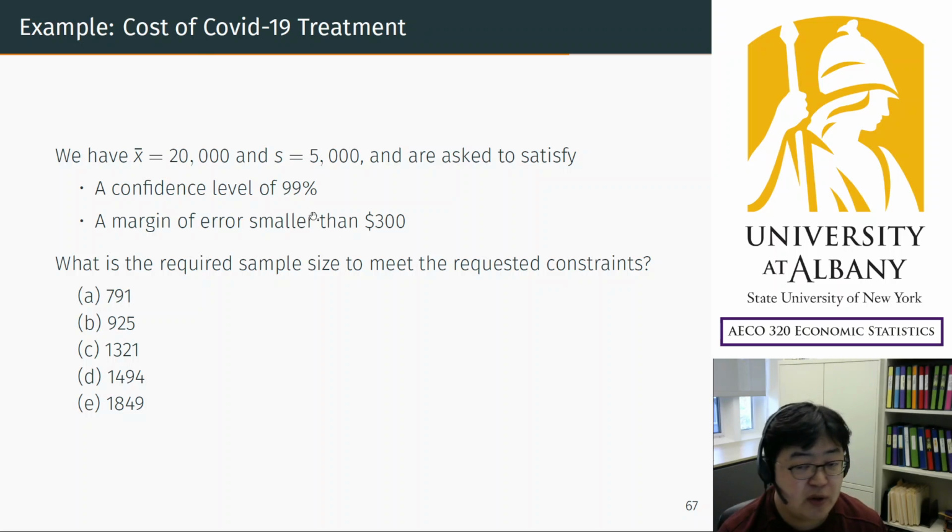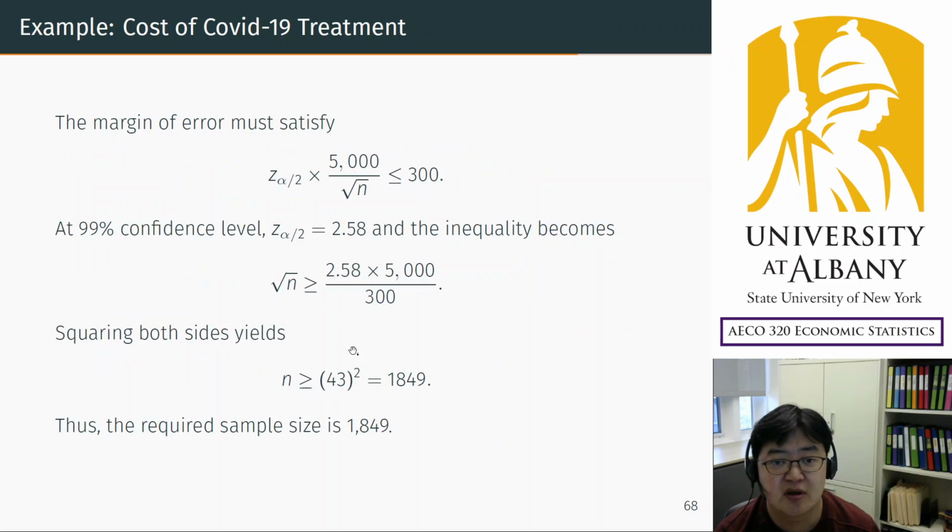If you have finished your algebra, then I will show you the answer. You use this inequality again, but here on the right hand side you have 300. So this is the same because still the confidence level is 99%. The 2.58 enters here, and by rearranging the terms, you get this, and by squaring both sides, you get this.